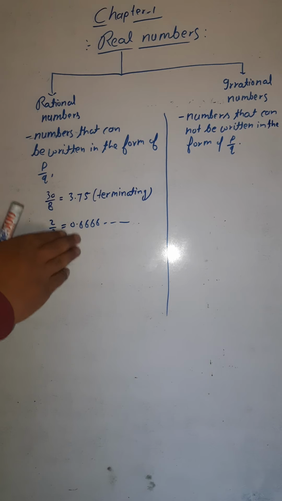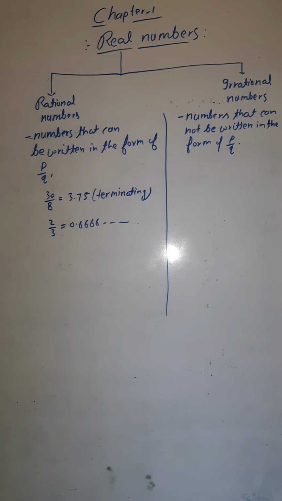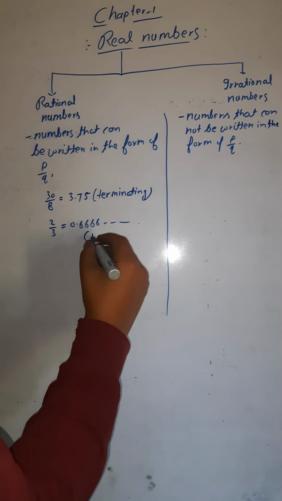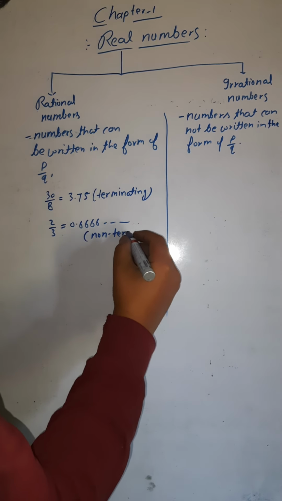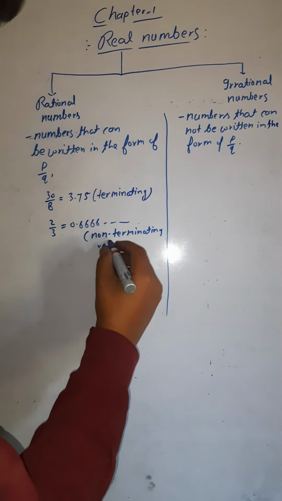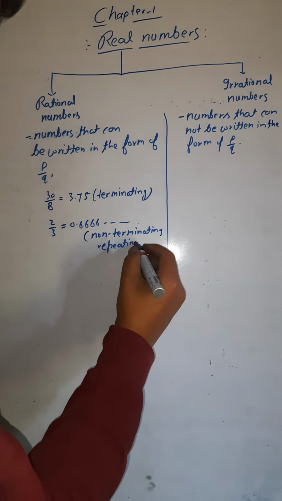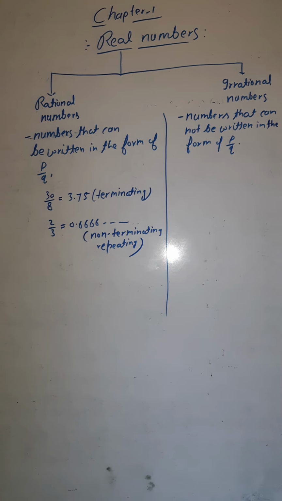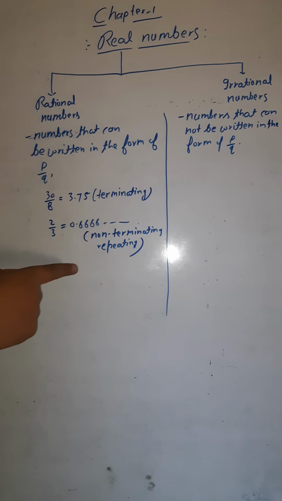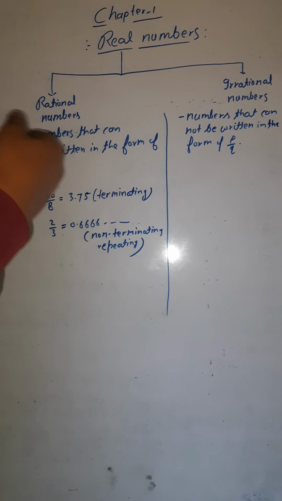So we call it a non-terminating repeating decimal expansion. You can see from here that rational numbers can have a terminating decimal expansion, as well as a non-terminating repeating decimal expansion.